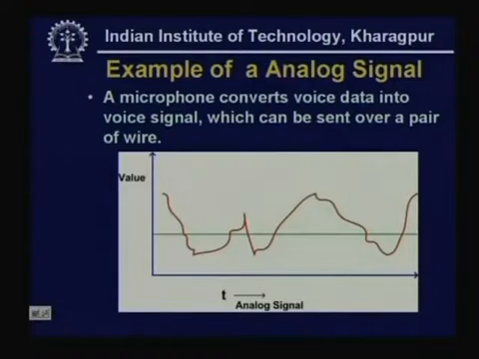That microphone is essentially a transducer which converts the vibration or pressure on the microphone into an electrical signal, generating a voice signal which can be sent over a pair of wires. Here is an example, and as you can see, you have that electrical signal with different amplitude values over time. This has an infinite number of values, so it is analog in nature.